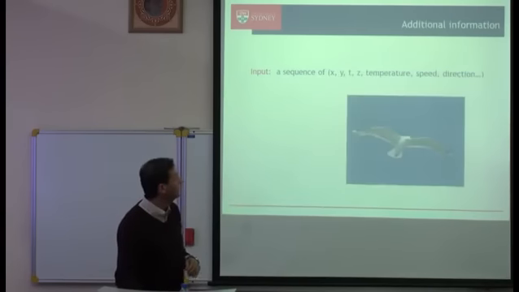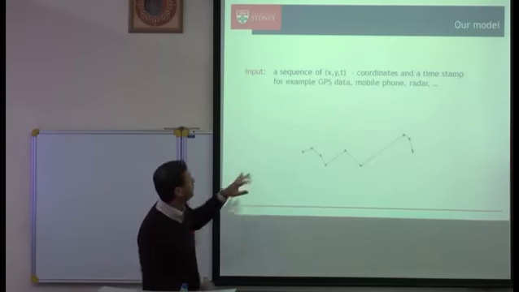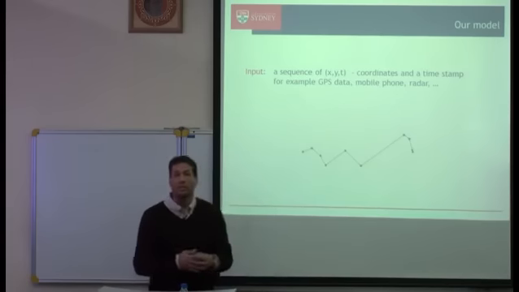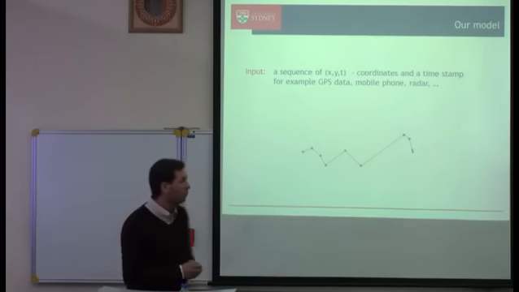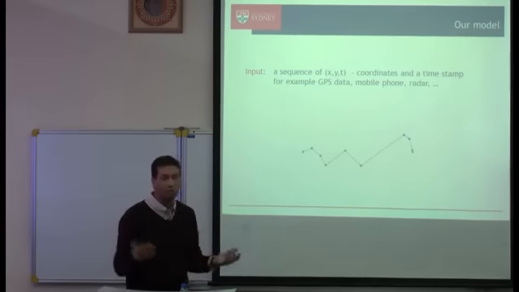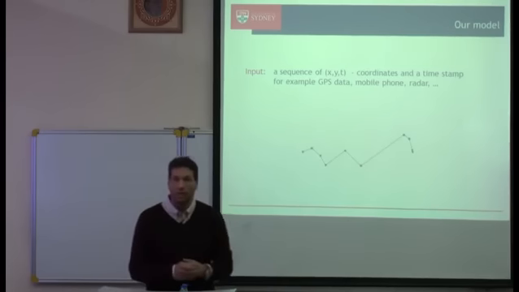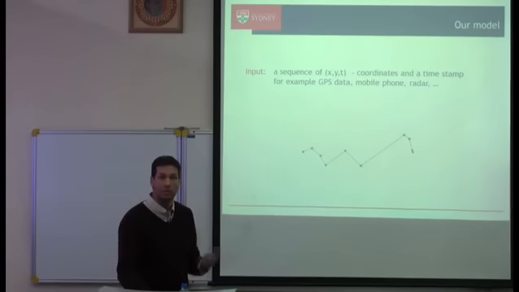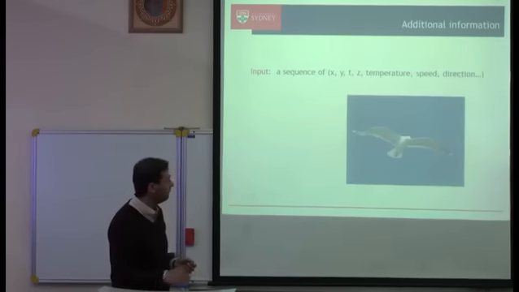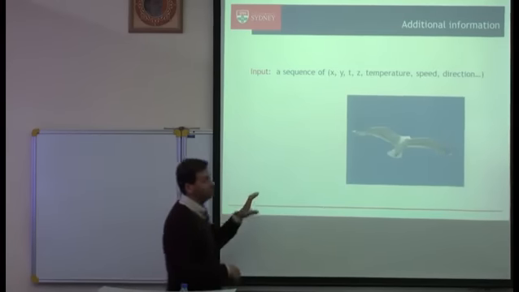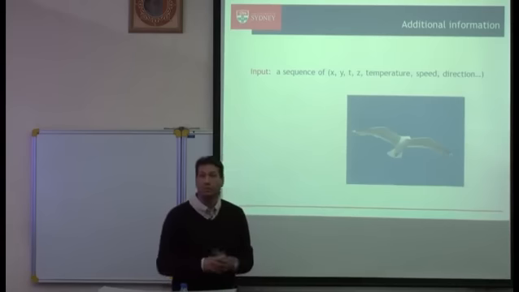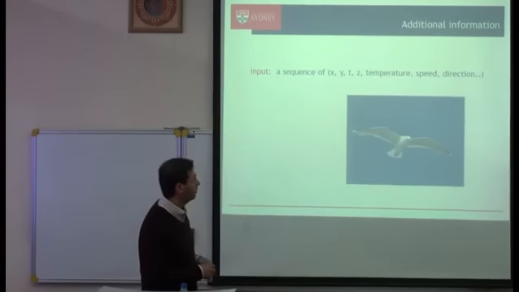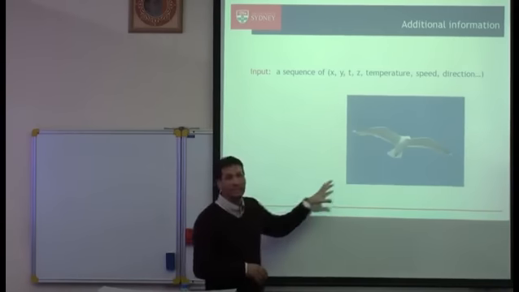Good. So first of all, of course, this data can be collected in many different ways, right? We have GPS, we can get it from mobile phones, radar. Nowadays, there are so many types of sensors where you can collect this kind of data. And in many applications, you get additional information. For example, we worked on a project where we were tracking seagulls.